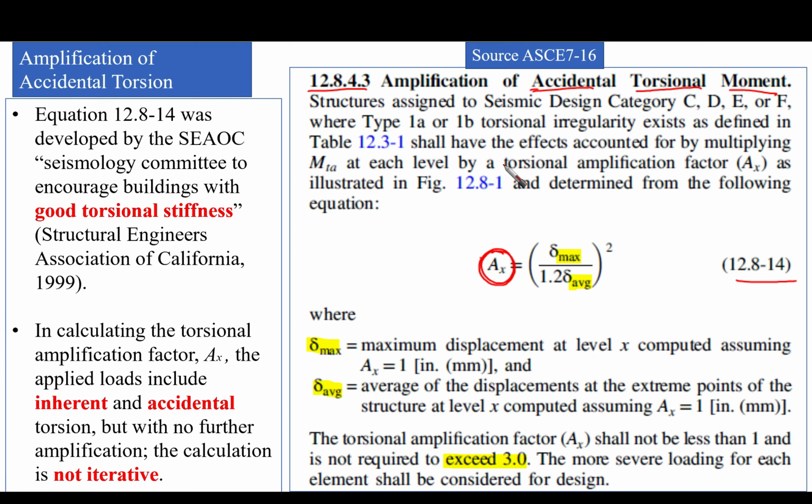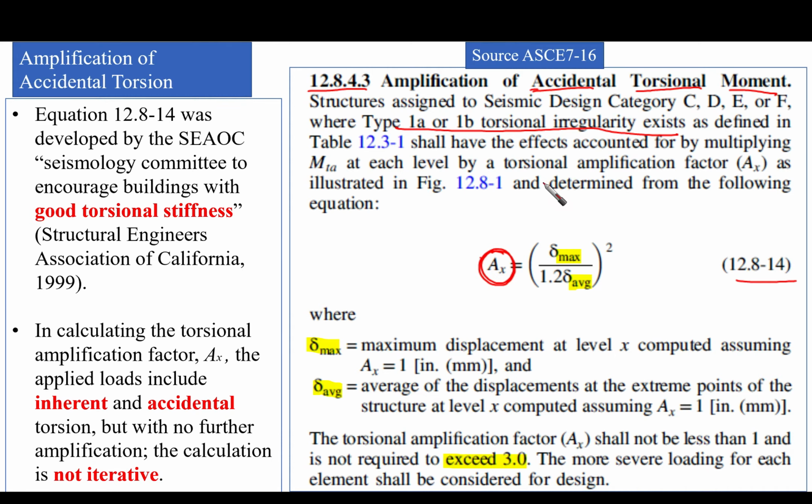So these are structures assigned to seismic design category C, D, E, or F where type 1A or 1B torsional irregularity exists. In this case, we need to apply the amplification of the accidental torsion.